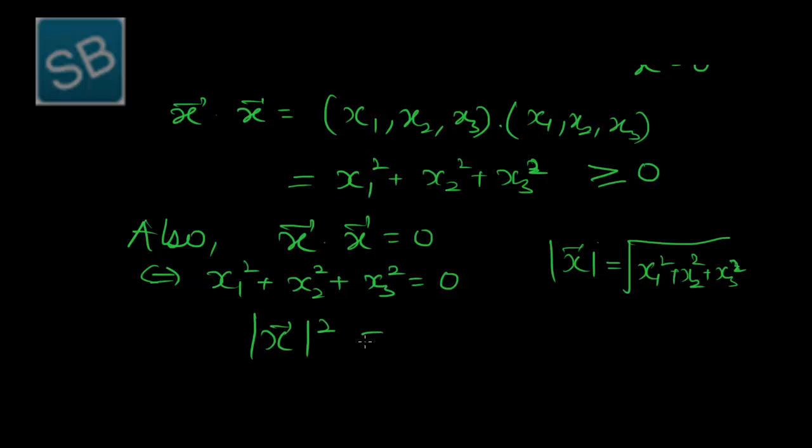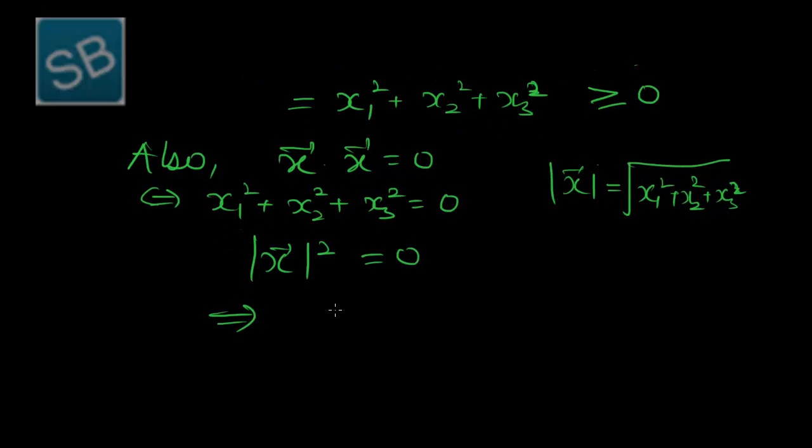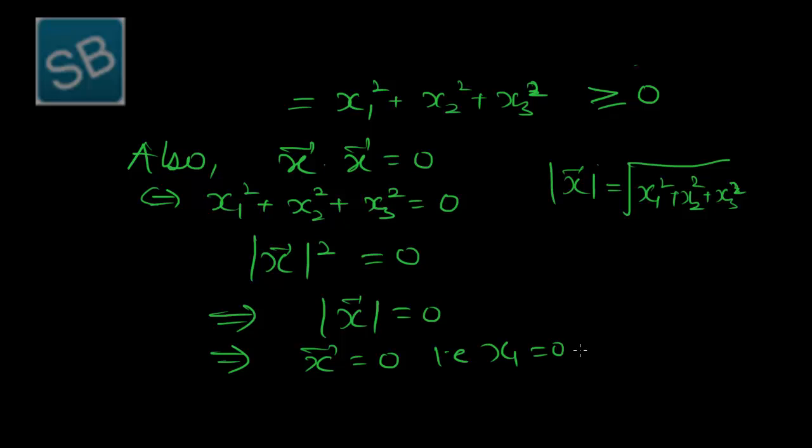Therefore, modulus x square is 0. This is possible if and only if modulus x is 0. This is possible if vector x is 0, that is x1 is 0, x2 is 0 and x3 is 0.